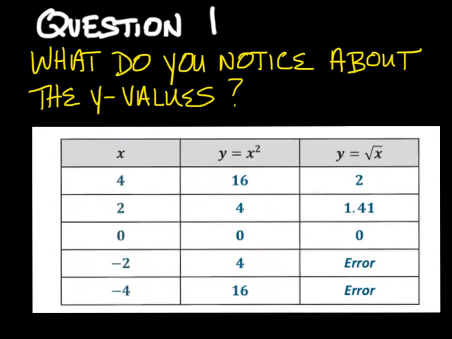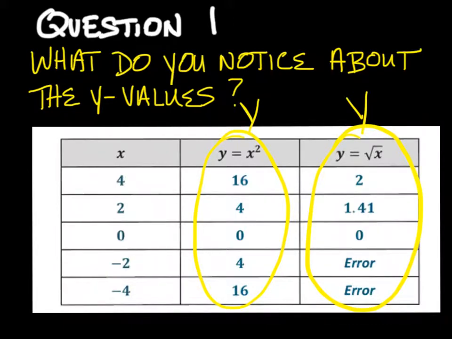Those are the same values that we came up with. So what do you notice about the y values? These are the y values that we came up with here. What do you notice about them? From this column to this column, we are comparing the two columns.